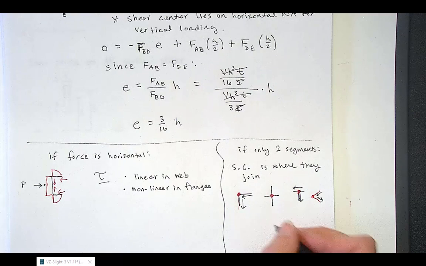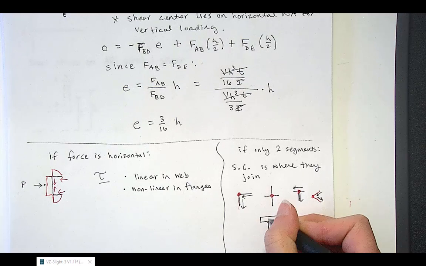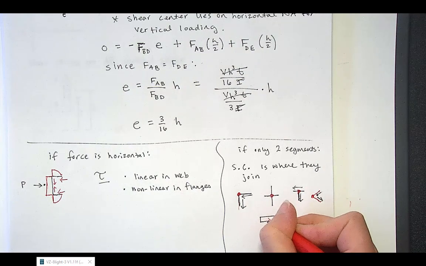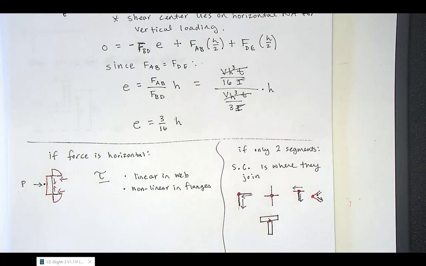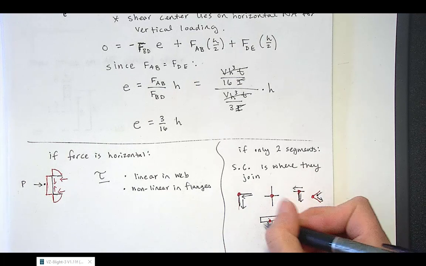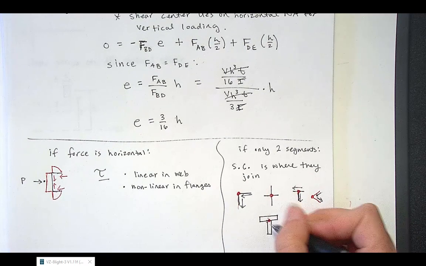If you have a T shape that's built up, or if you want to think about this in more detail, then the shear center is at the location where the pieces connect, so not necessarily where the center lines intersect, but where the actual material intersects.